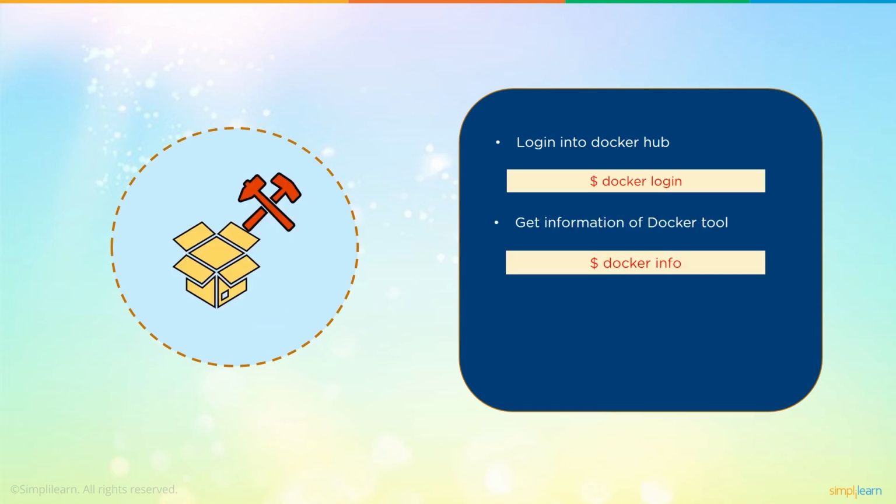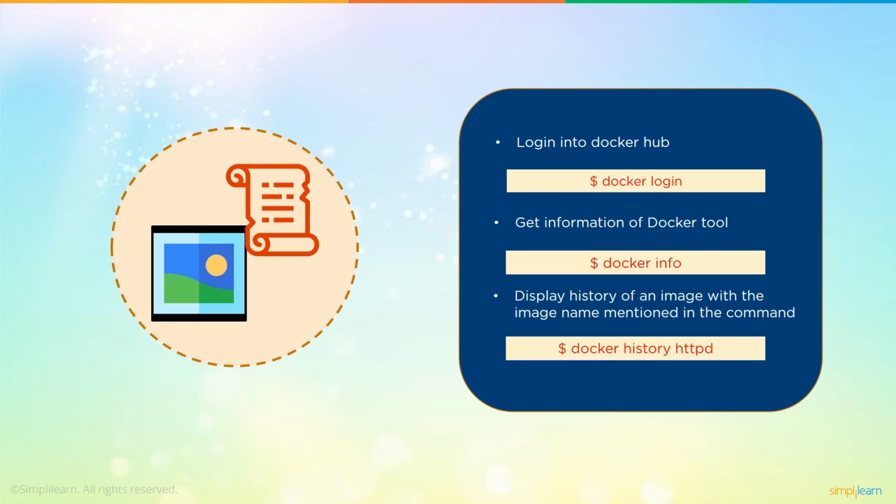Docker info is the command using which you can get the information about the Docker tool. So whatever information is available, you can get it in the case of docker info. Docker info is going to give you complete information. And then we have docker history.